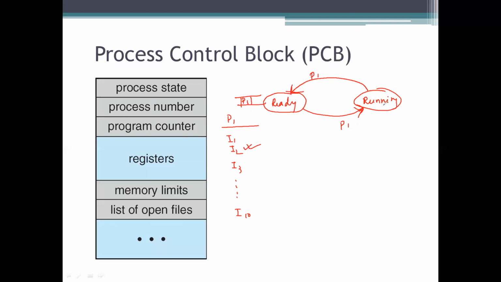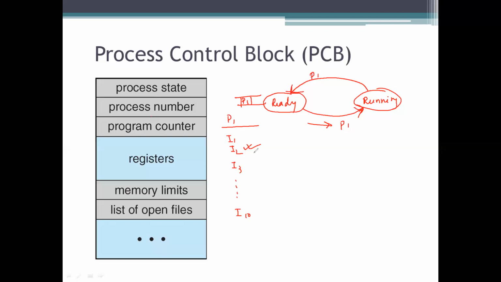When the CPU is freed again, P1 will be sent back to the running state. Definitely P1 will not start its execution from the beginning. It will start just from the point where it left the execution.